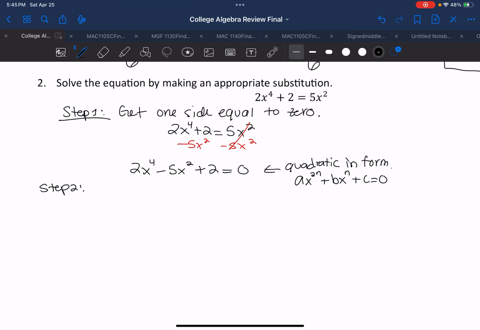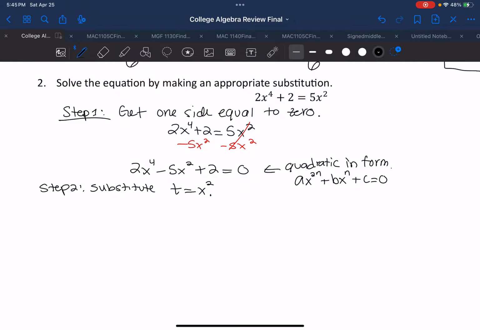So step 2, I'm going to substitute t for x squared, because that's my x to the n, the one with the smaller exponent, x squared, up here, negative 5x squared. But I'm only substituting the x squared, not the negative 5.